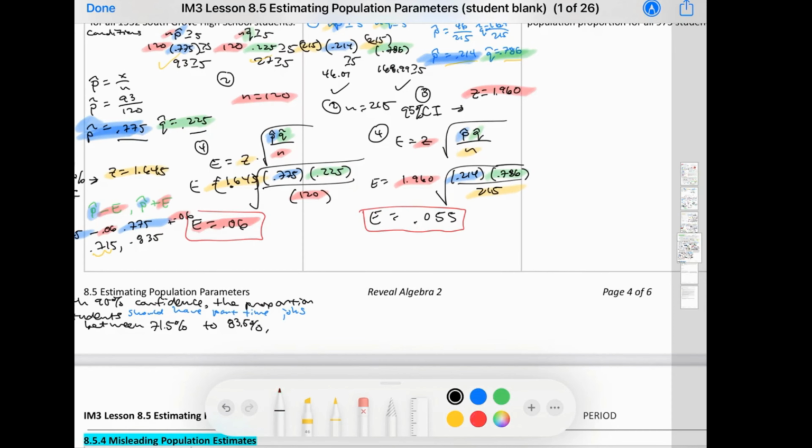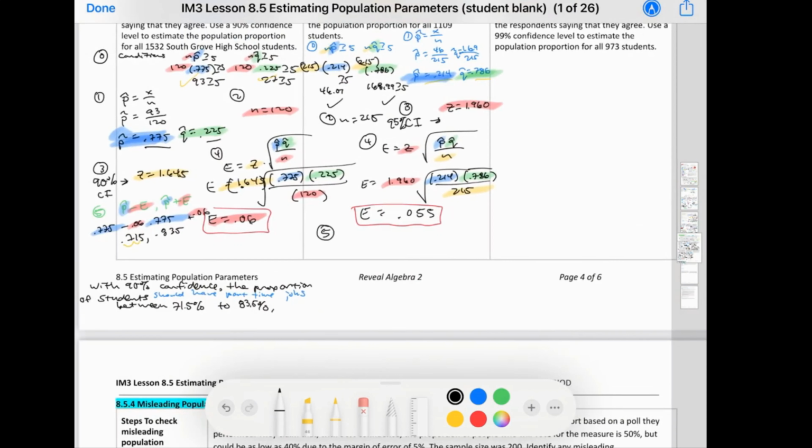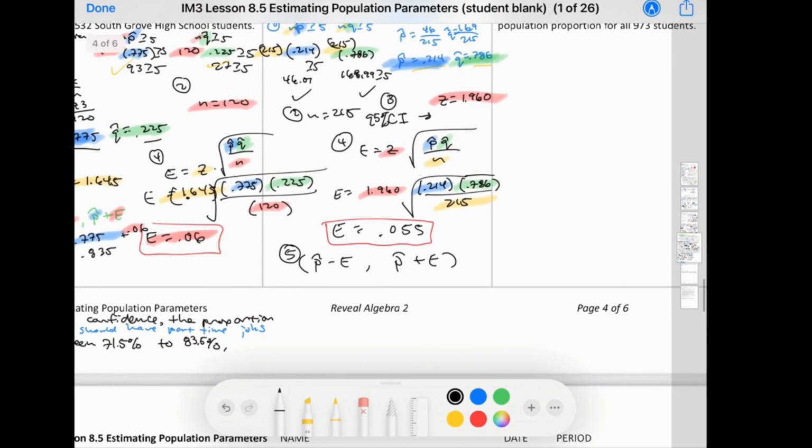Okay, now we just need to do step, what do we call it? 5. So this would be P hat minus E, P hat plus E. And P hat was in blue up here, 0.214. And our E here.